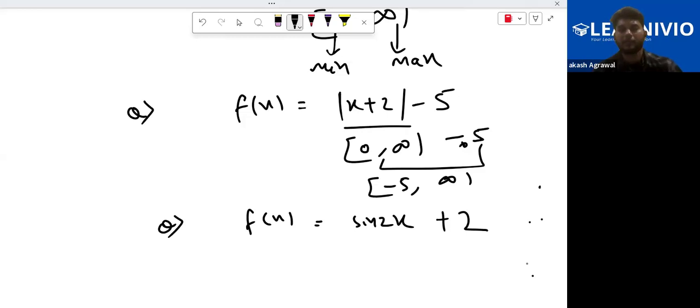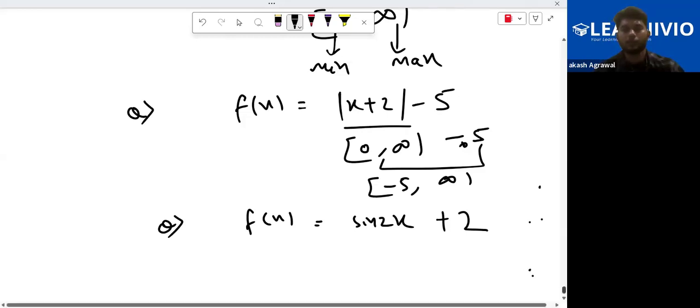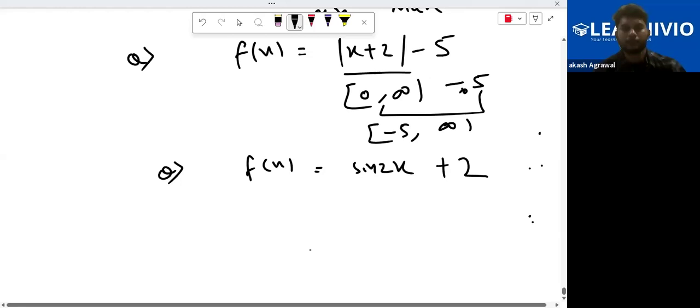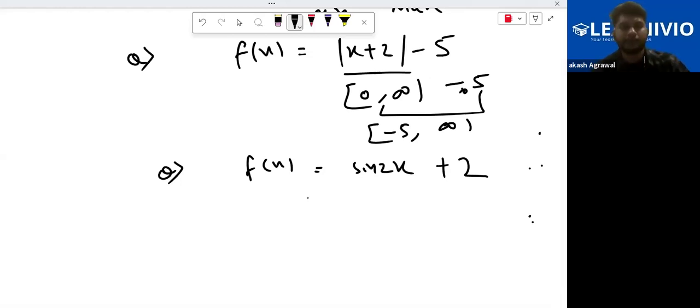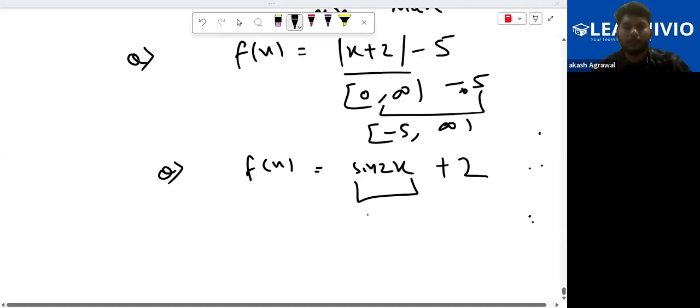What is the maximum and minimum of sine 2x plus 2? Do we use the range of the sine function? Yes. The range of sine function is minus 1 to 1.